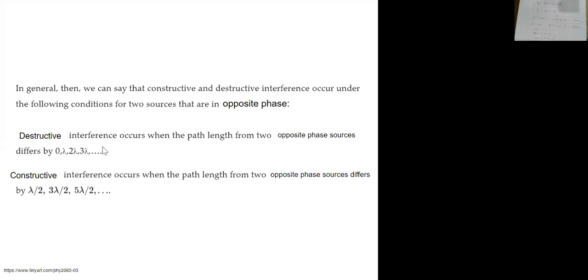So if the difference in path lengths is 0, lambda, 2 lambdas, 3 lambdas, then you have destructive interference. On the other hand, if delta x is half lambda, 3/2 lambda, 5/2 lambda, then you have constructive interference. So you also have to be careful about whether the sources are in phase or opposite in phase initially.